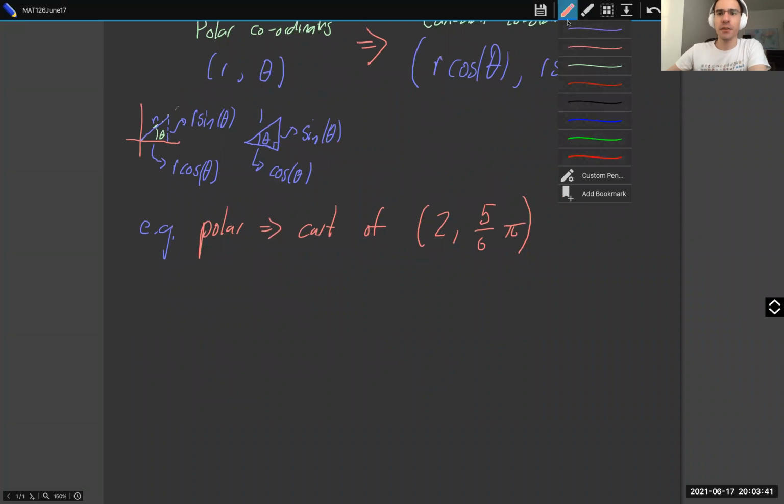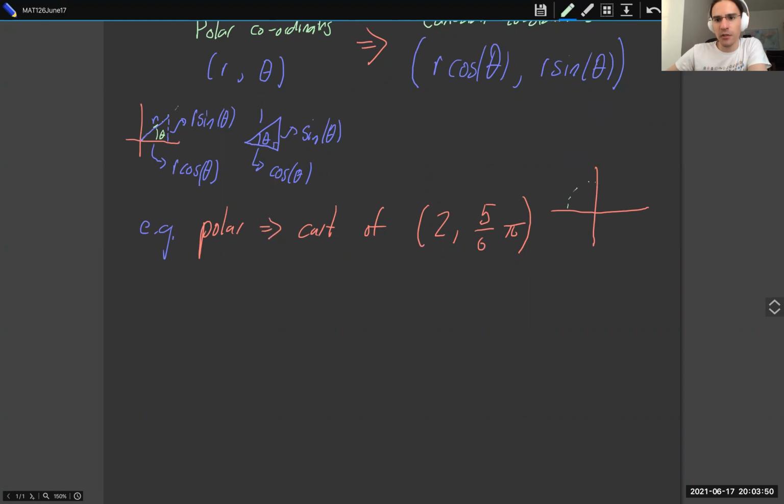Now, let's look at this geometrically. If this is my unit circle, and I look at an angle that's 5 pi over 6, then what is this angle right here?